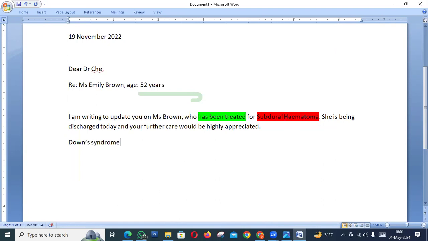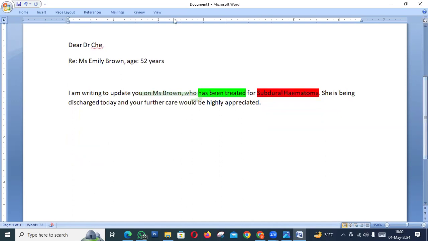Just remember, you will only write the name with a capital letter, Down with a capital D, Parkinson with a capital P, but the words syndrome and disease would be in small letters, okay? So subdural hematoma is wrong. We should write it in small letters.